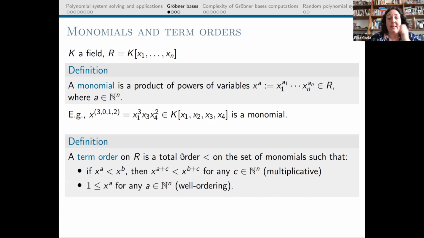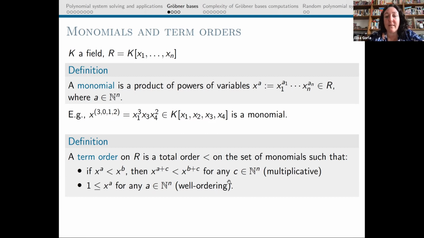We ask that it's multiplicative, which means that if you have an inequality between two monomials and you multiply both sides by the same monomial, the inequality stays satisfied. And you ask that 1 is the smallest monomial. This is called being a well ordering and ensures termination of the algorithms.